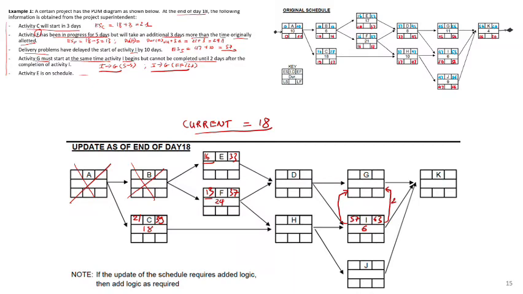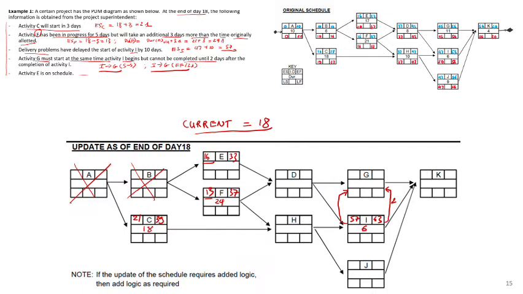So you have to add those two new links into the network. All right, next activity E, it is on schedule, so we already add it into the schedule. So that is it. That's all the information we got from the field.